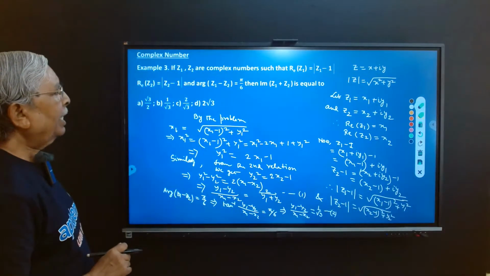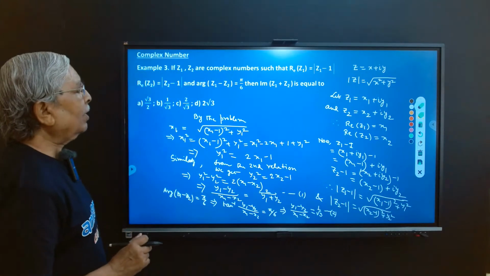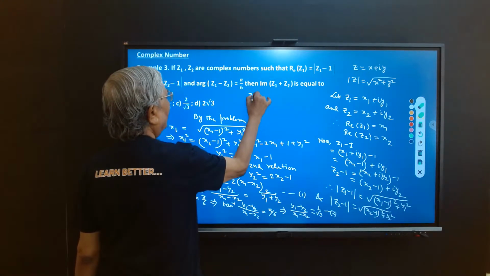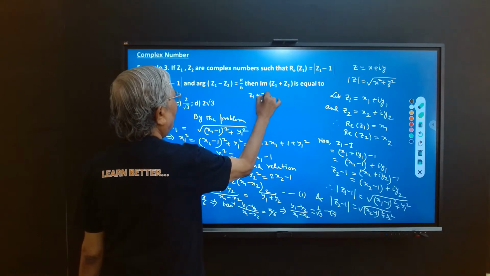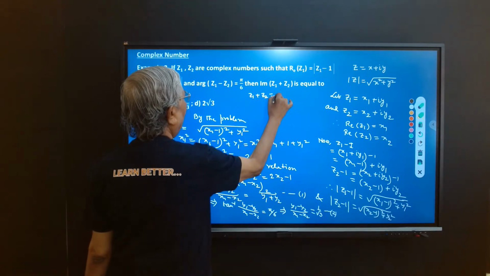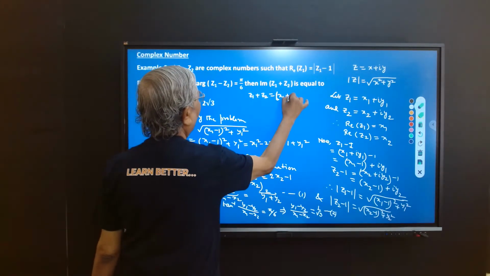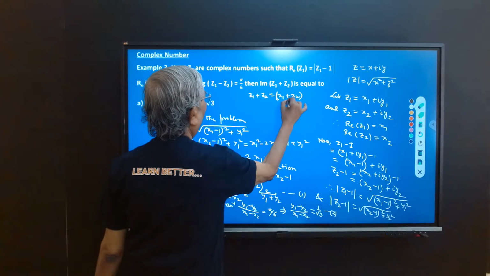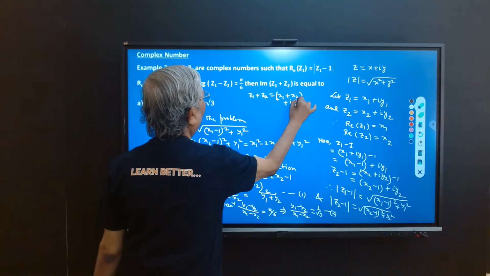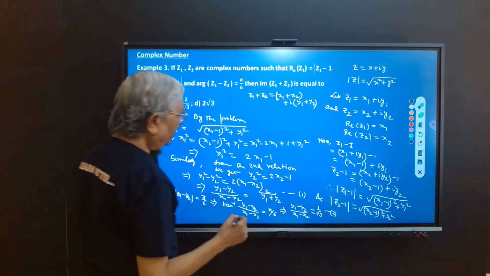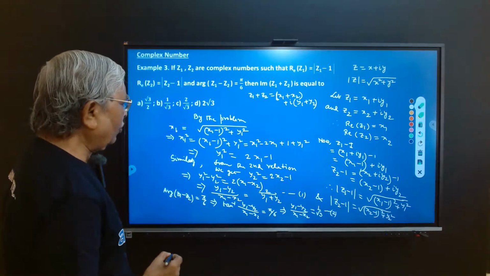What do we want? The imaginary part of z1 plus z2. So what is z1 plus z2? z1 plus z2 equals (x1 plus x2) plus i into (y1 plus y2). So the imaginary part is y1 plus y2.